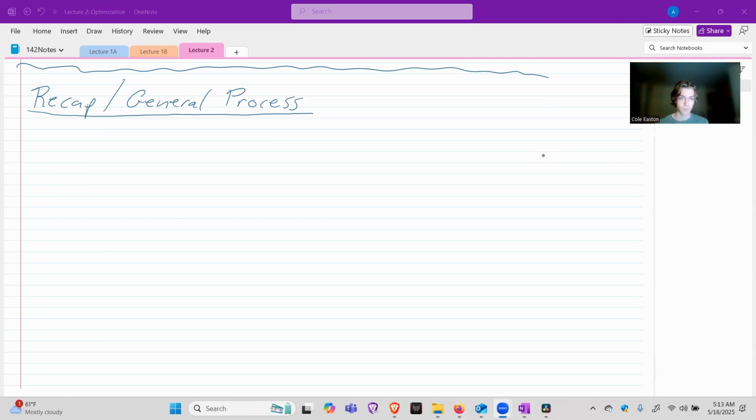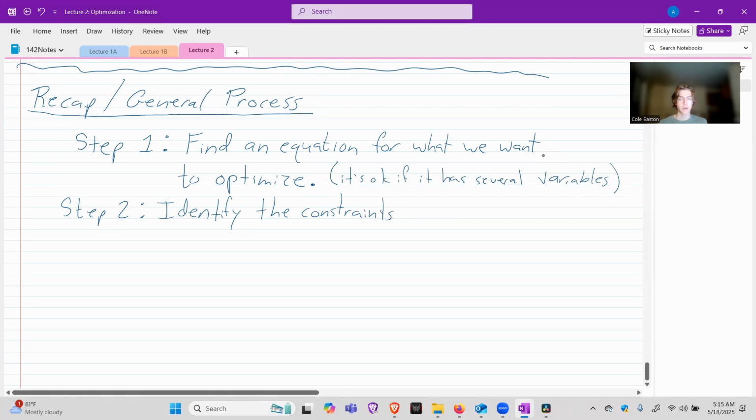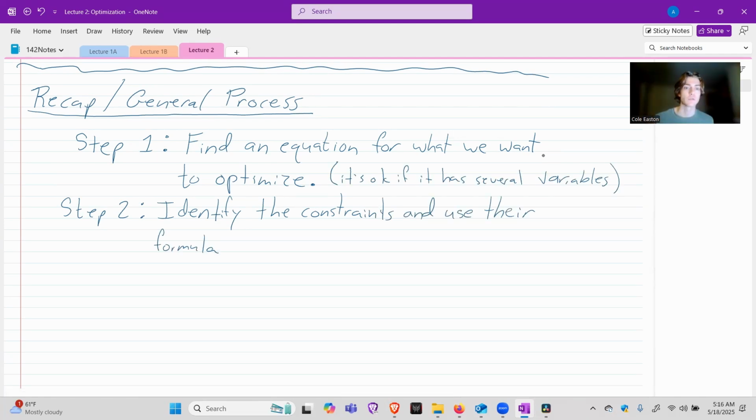So the first thing we want to do is come up with the equation for what we want to maximize or minimize, right? So I'm actually going to say optimize for what we want to optimize. Step 2 is going to be to identify our constraints. And we're going to use the constraints to solve for all of the other variables in our optimization equation.